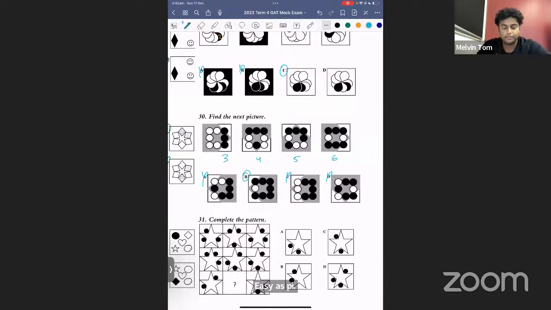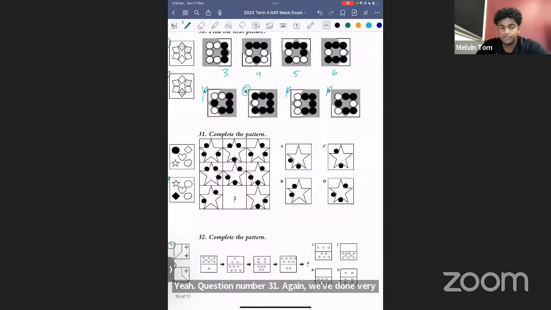Question number 31. Again, we've done very similar questions so many times before. The pattern is essentially overlapping. Left plus left cancels out. Nothing, something stays. Something, nothing stays. So based off that, there's a circle here. There's no circle here.